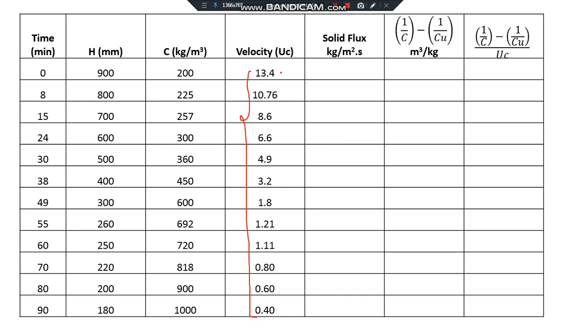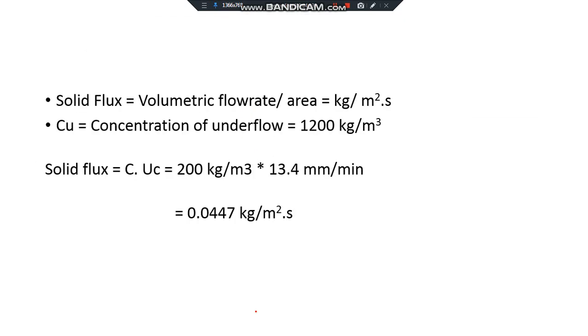So this is the value of the settling velocity which you have to read from your graph. Now the solid flux is the volumetric flow rate divided by the area, the unit of which is kg per meter square second. So in our case, to find out the solid flux, it is the multiplication of C into velocity. We have the concentration at different heights and the settling velocity at different heights, so you can find out the solid flux.